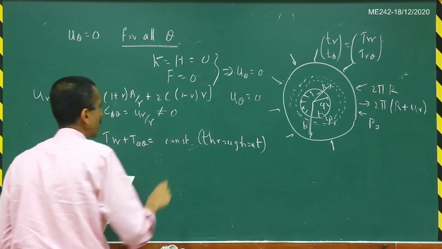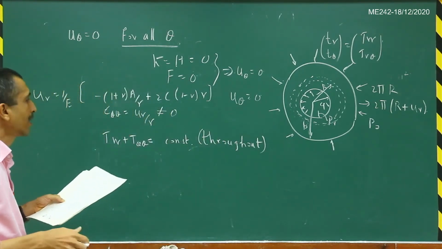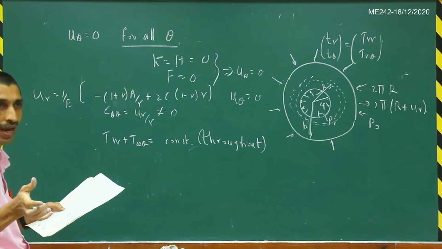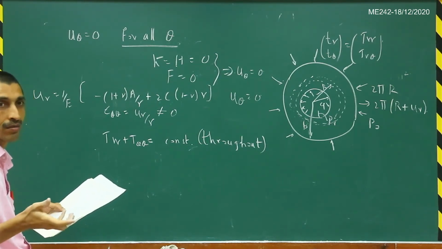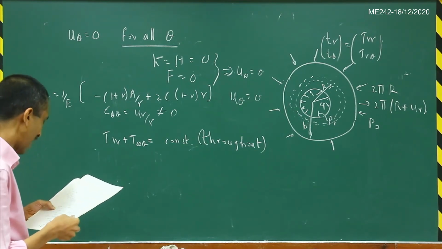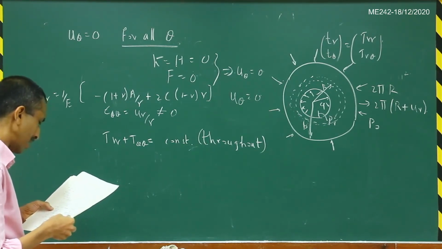This is a very nice property. Individually, tau r depends on r and tau theta theta depends on r, but tau r plus tau theta theta is a constant. You can just add the two expressions and see that.